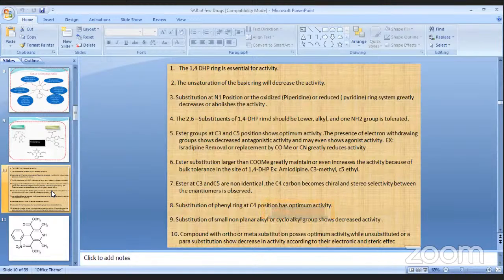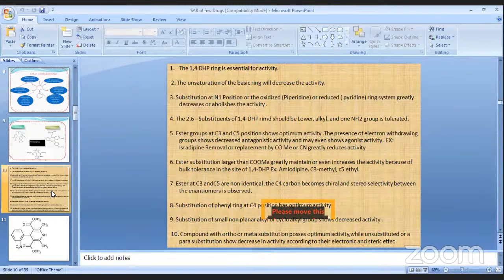And number 2, if the unsaturation of the basic ring is there, then the molecule becomes inactive, that is, the activity decreases. So unsaturation of the basic ring, that is pyridine. If unsaturation is in the 1 and 4 positions, it is fine.